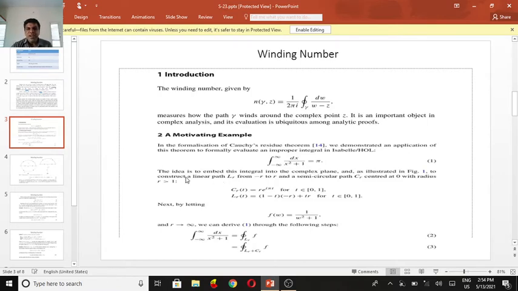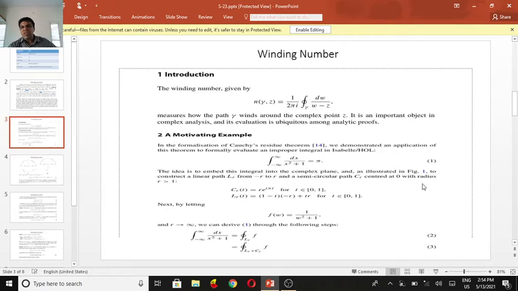The idea is to embed this integral into the complex plane and, as illustrated in the figure, construct a linear path from minus R to R and a semicircular path CR.